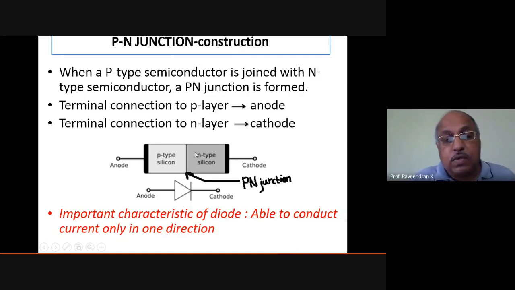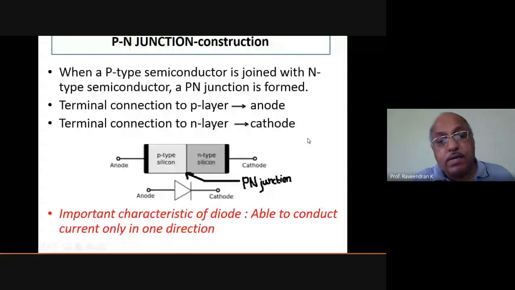Understand? So depending upon the connections given to the p-n junction diode with an external source of EMF, the diode can conduct current in one direction, but will not conduct current in the opposite direction.